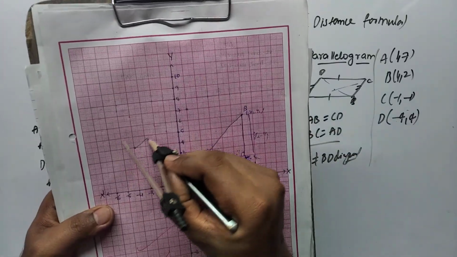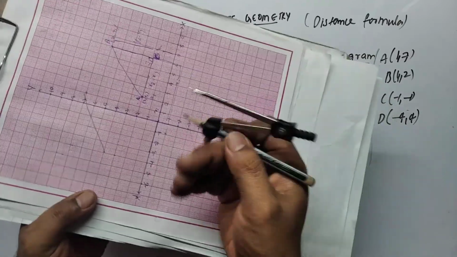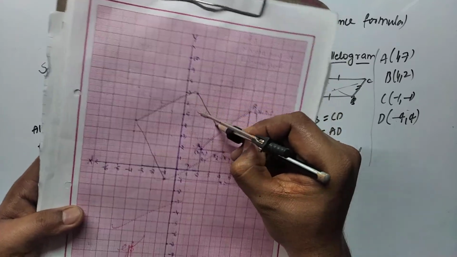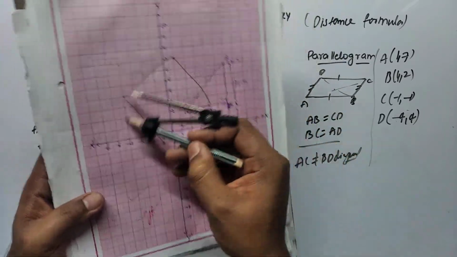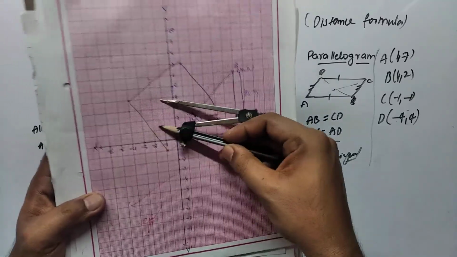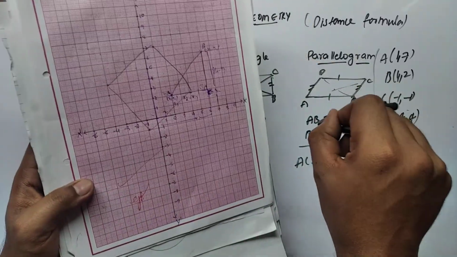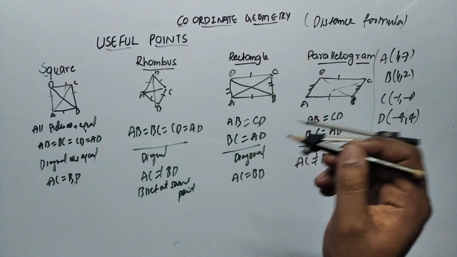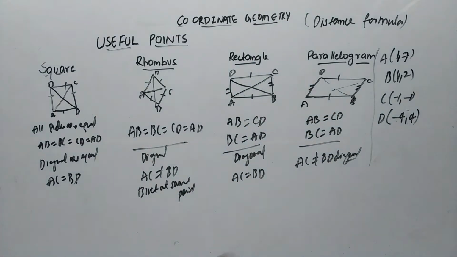If I join them, you can see that this figure looks like a square, but we should prove this with the help of coordinate geometry. We should not use the graph; we will take the help of the distance formula.